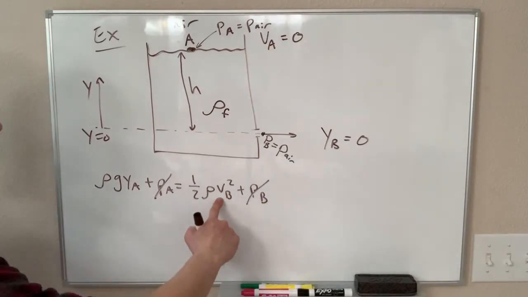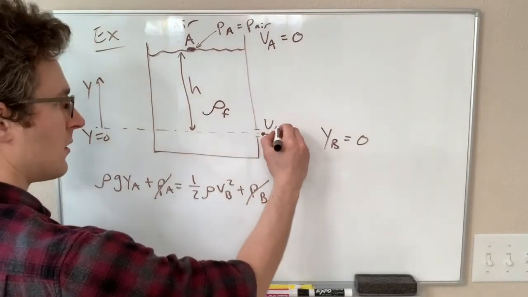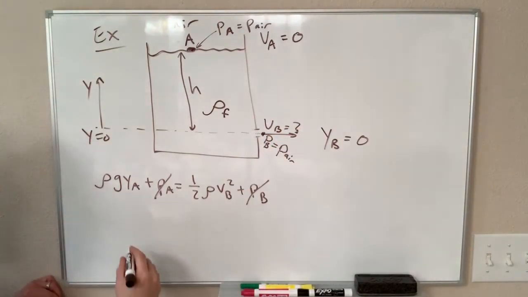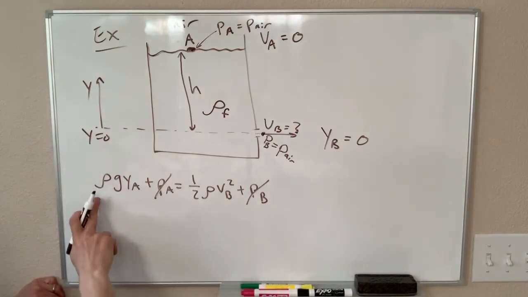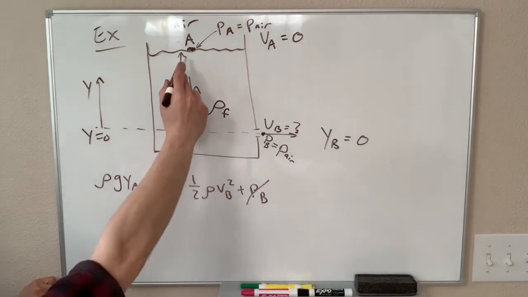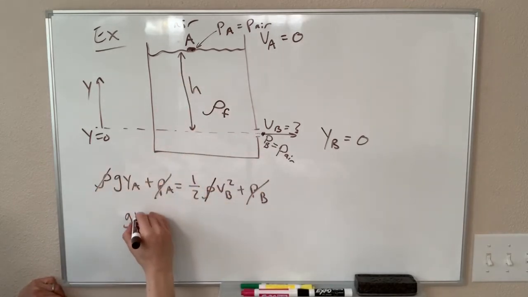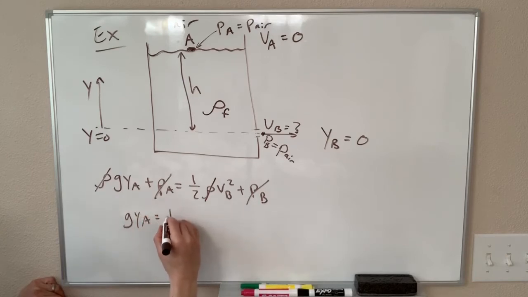And I want to know what this VB is, so I can solve this equation for that. Also note that my fluid has the same density before and after, so my densities also cancel out. G Y equals 1/2 V squared.